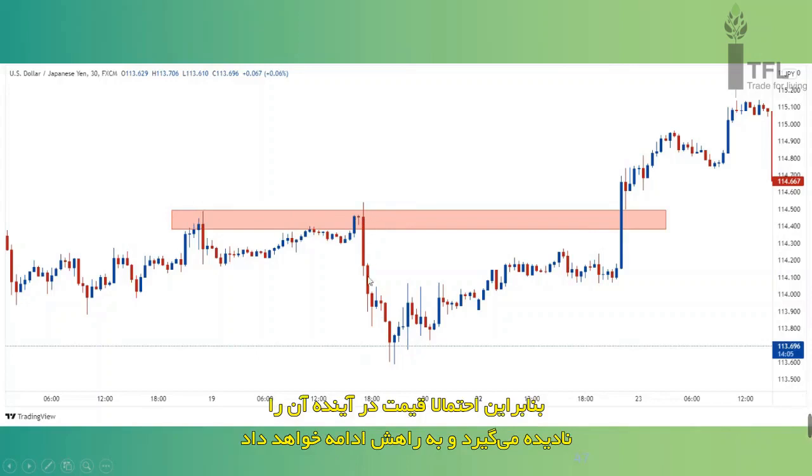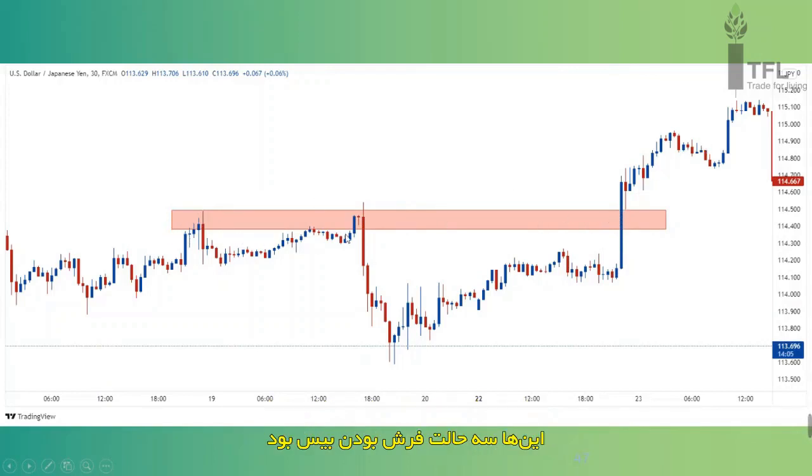So that means in future, the price will likely ignore it and go as it is. So these are the three types of zone. The one that I like, the one with medium risk, and then the one with the extremely high risk. So you have to know your zone well.